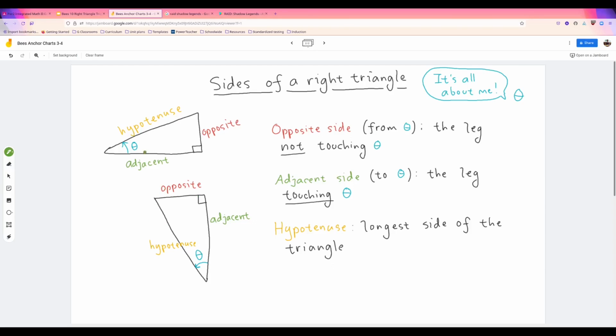Generally, when we're talking about sides relative to angles in a right triangle, we're looking at one of the two acute angles, the non-right angles. Hopefully this makes sense to you. Let's continue to the second anchor chart.